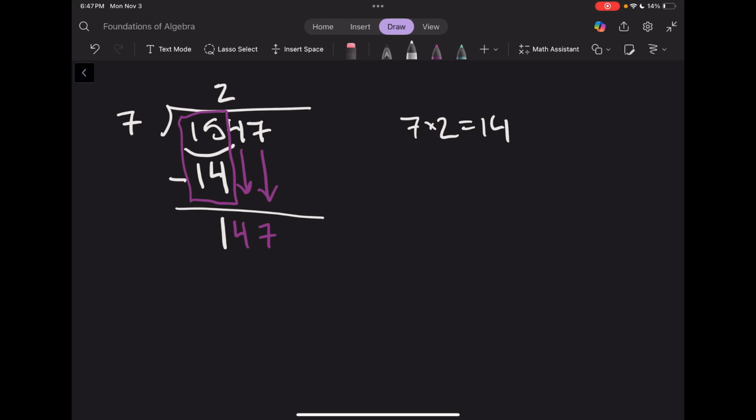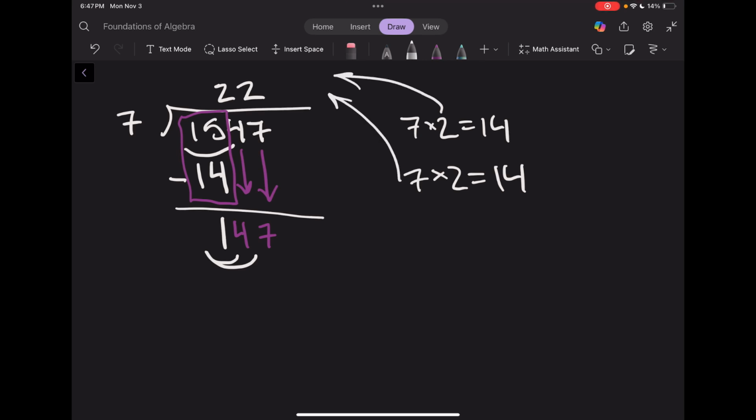And then we ask, okay, does 7 go into 1? No. Does 7 go into 14? Well, it does, because 7 times 2 is 14, so then we put the 2 up here. And then we subtract again, although this time we're only looking at these.